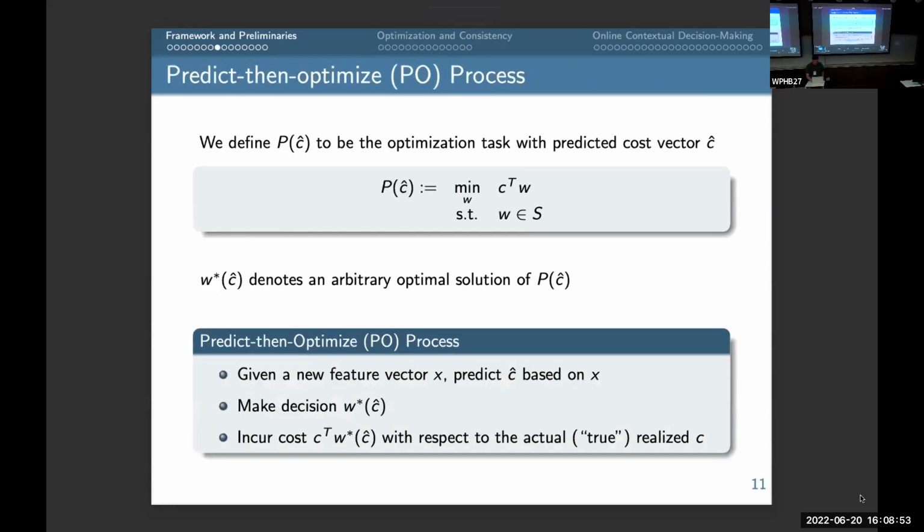Okay, and then once we have a function or an algorithm, a machine learning model for doing this estimation, then we can use it to go back to the optimization problem and plug it in.